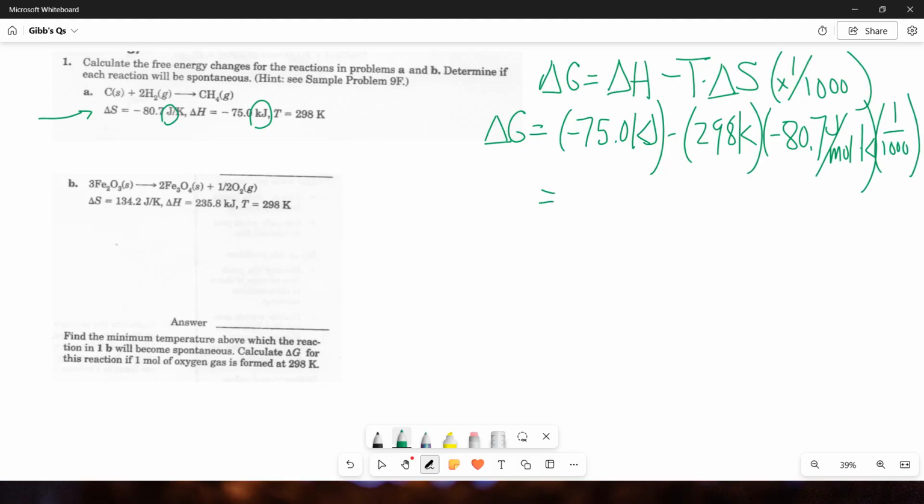Okay, and if I solve this problem, I am going to get a positive 51 kilojoules. Because it's positive, it is going to be non-spontaneous at this temperature.